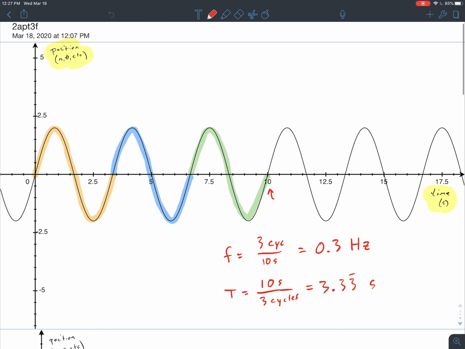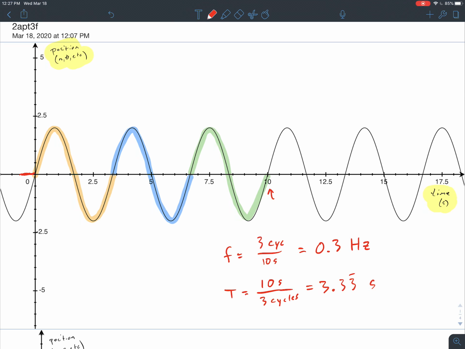So if we look over here, well, first, notice what the equilibrium is on this graph. It's centered about 0. So 0 is our equilibrium, which most graphs will be, but you can shift it up or down. They don't have to be.